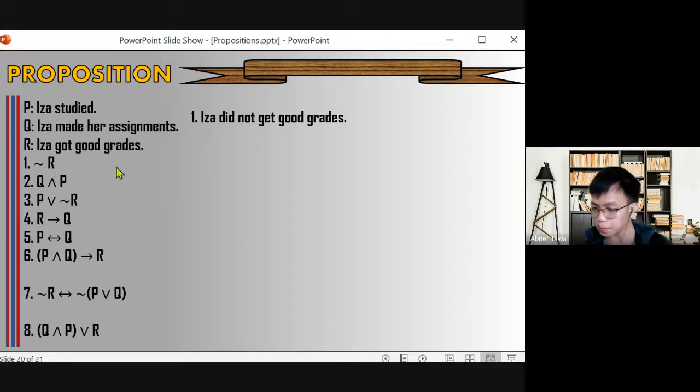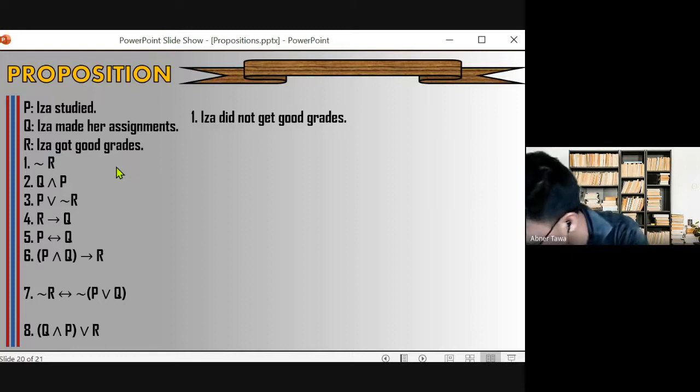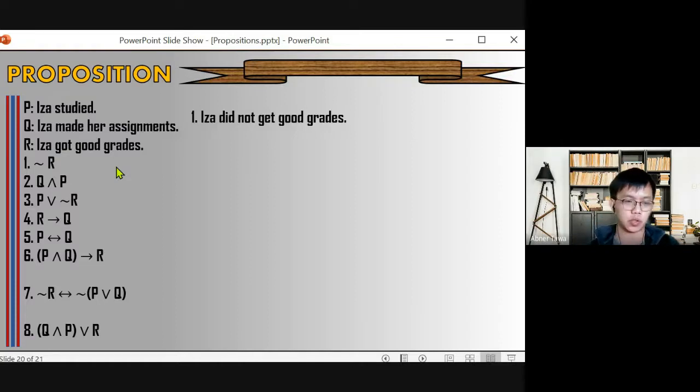Very good. How about number 2? Okay, number 2. So, gustong sagutan yung number 2? Yung first proposition natin, I watch YouTube videos. And then second, the internet connection is strong.